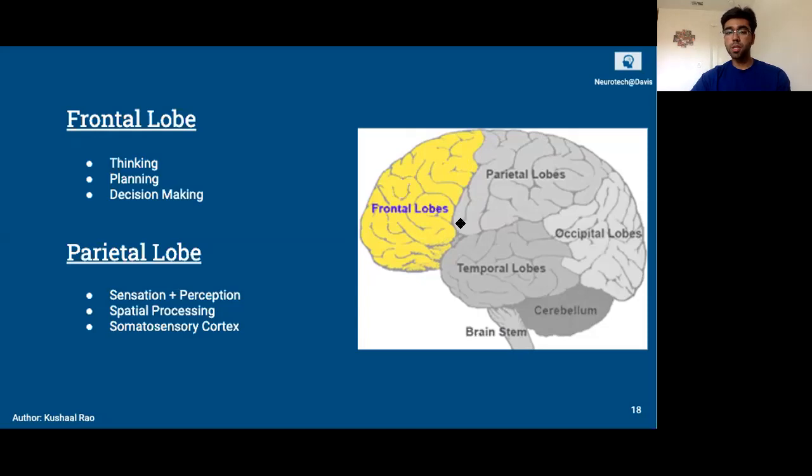The motor cortex is responsible for movement, and somatosensory is responsible for any sensation that you receive from parts of your body in general. That makes sense because your parietal lobe is responsible for spatial awareness and sensations, so the cortices being located in those areas makes sense, and they play important roles with each other.